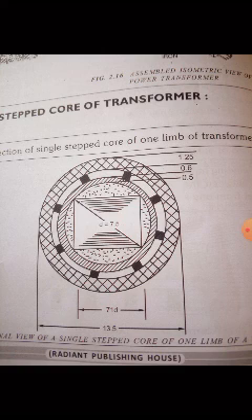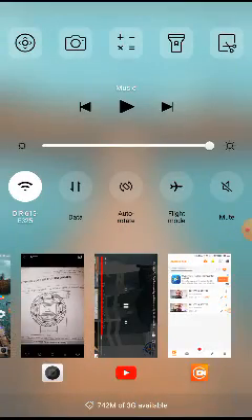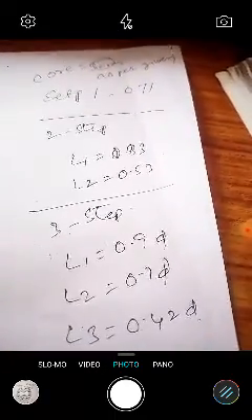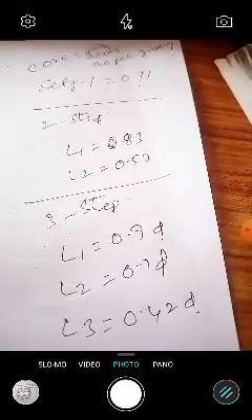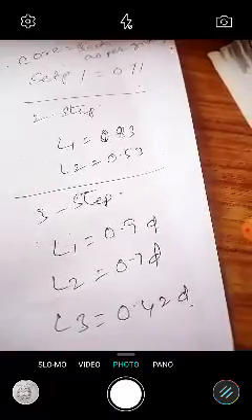Take a screenshot, as these are important values that will help you understand and draw easily. Step 1, step 2, step 3: using this data we will draw your single stepped core, two stepped core and three stepped core.